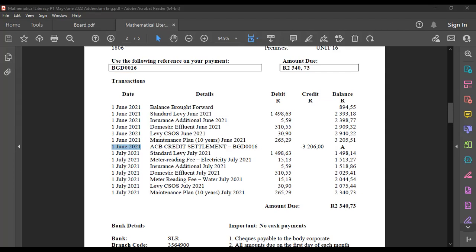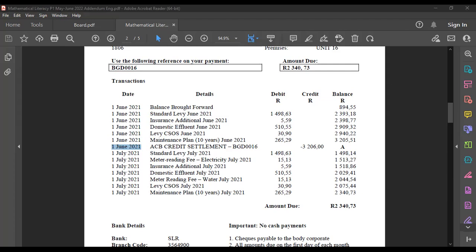Okay, this is interesting. The total amount due on the invoice is 2,340 rand 73 cents, including VAT, which is 15%. Calculate the total amount excluding VAT. Guys, whenever you are excluding, that means the amount already has VAT.